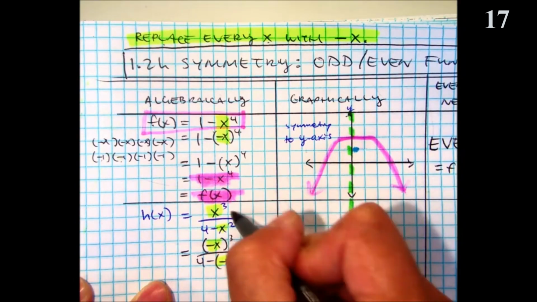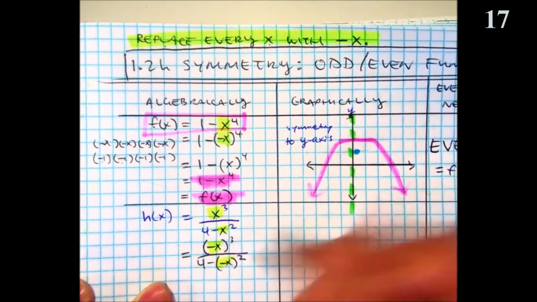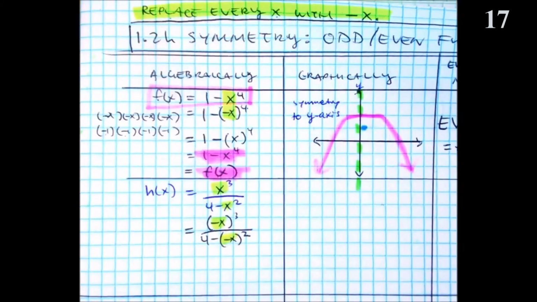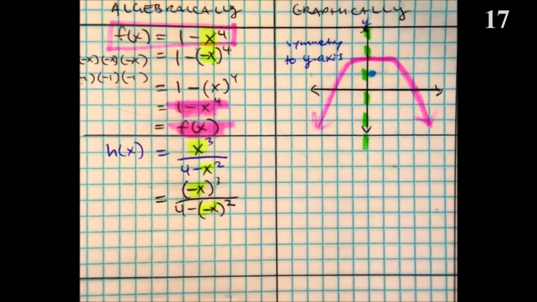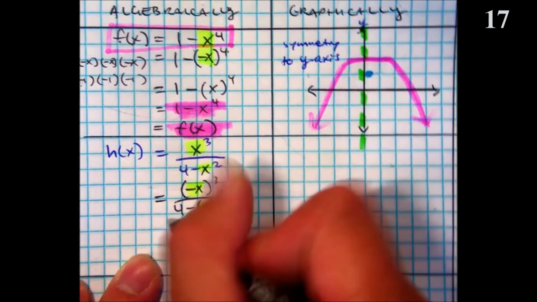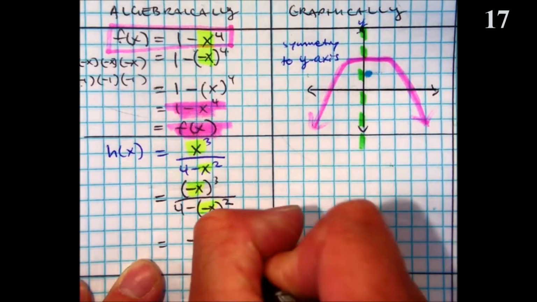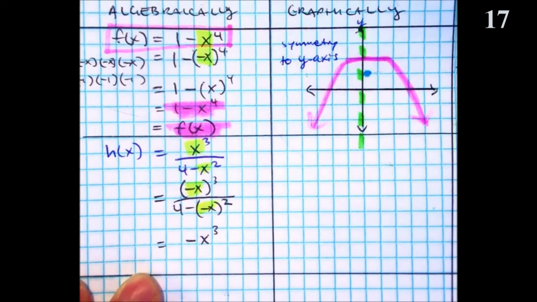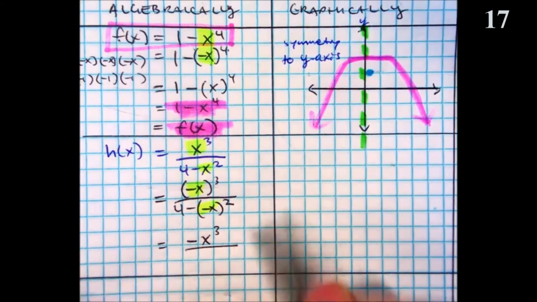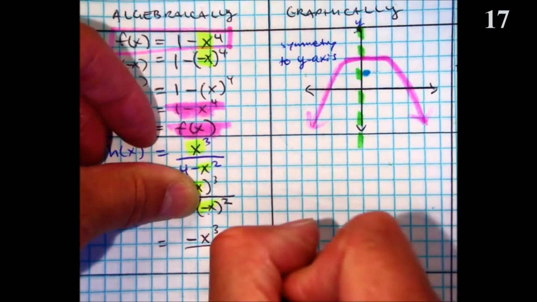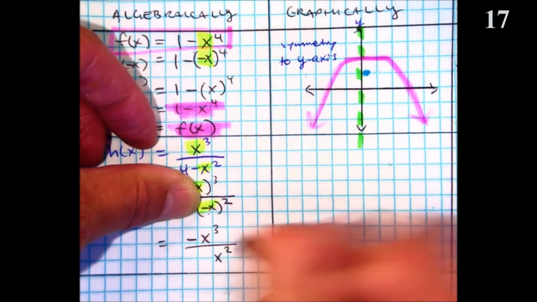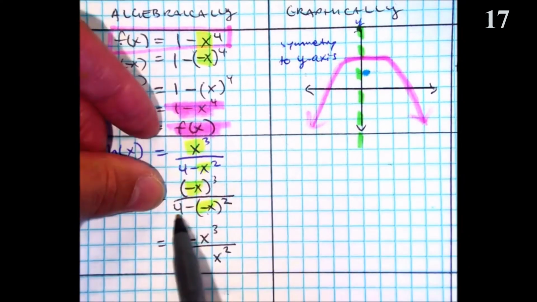Oh, that one was squared. Class, what's negative x to the third power? Negative x to the third, yes? What is negative x squared? X squared. And then I have the 4 minus.